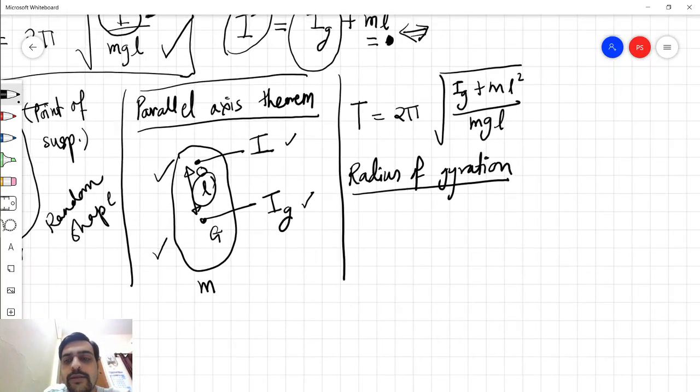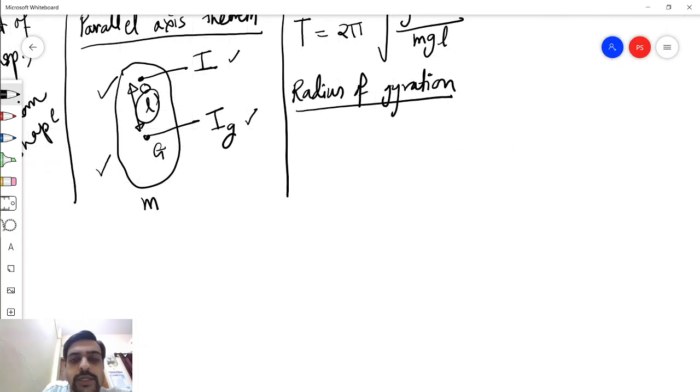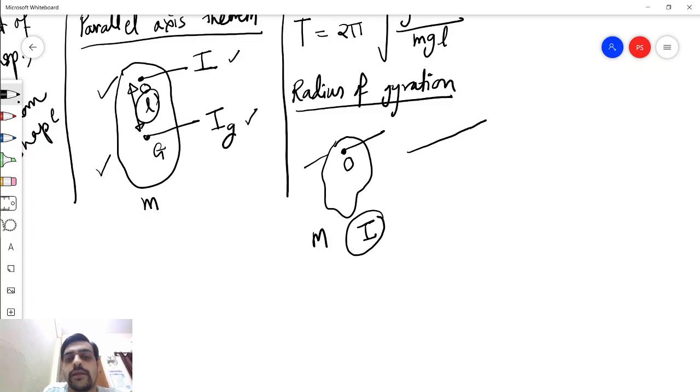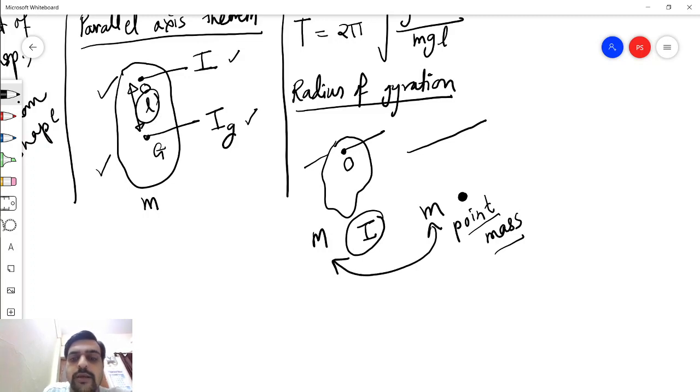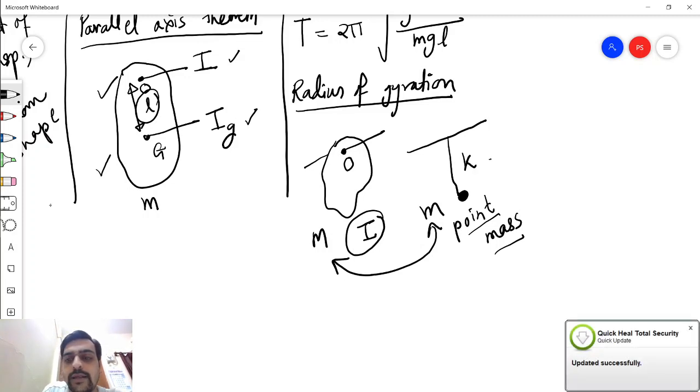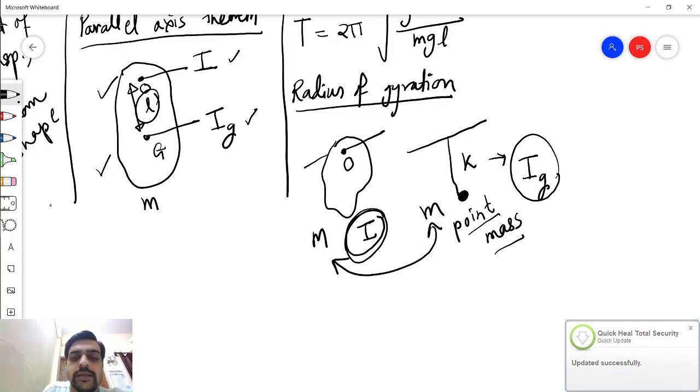To understand this concept, suppose that there is a body of mass m which oscillates about an axis passing through a point O, and we note that its moment of inertia is I. Now we choose a random axis and we choose another point mass which has the same mass as that of the previous body, and we have to place this point mass at such a distance k that the moment of inertia, say Ig, of this mass will be the same as the value I.